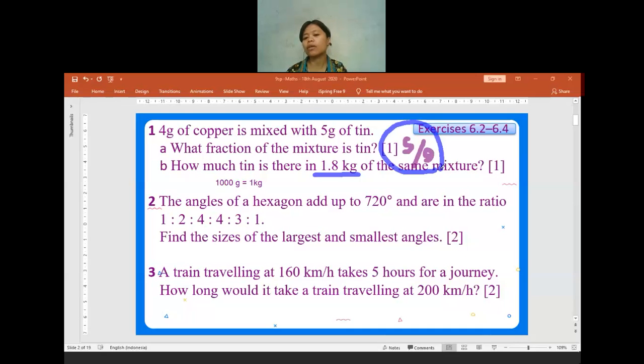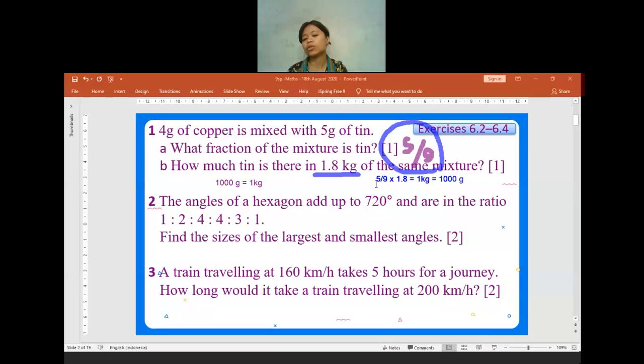The fraction of the tin will be 5 out of 9 of the total. So you can just do 5 out of 9 times 1.8. You can use a calculator, later you will get 1. The unit is kg, so it means 1 kg. You can change the 1 kg into gram. 1 kg will be 1000 gram.